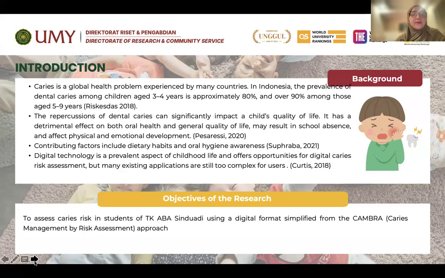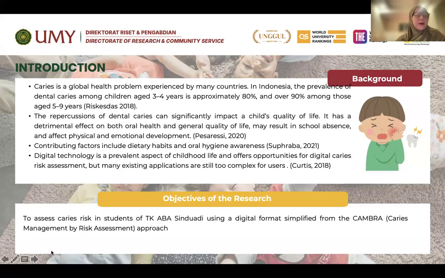As dentists, we try to identify the factors, because caries not only affects children's quality of life, but also causes pain, poor nutrition, missed school days, and even impairs emotional and physical development.